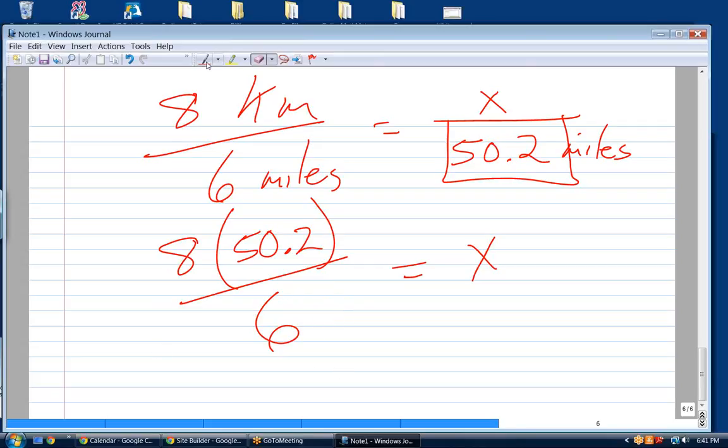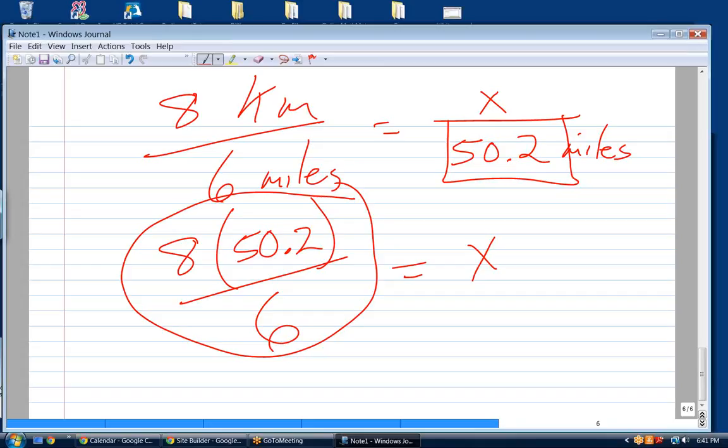What's that number there? Do that number in your calculator. Okay, one second. I see. So 50.2 times 4 equals 200.8. And then divide it by 3. You see why you divide it by 3?